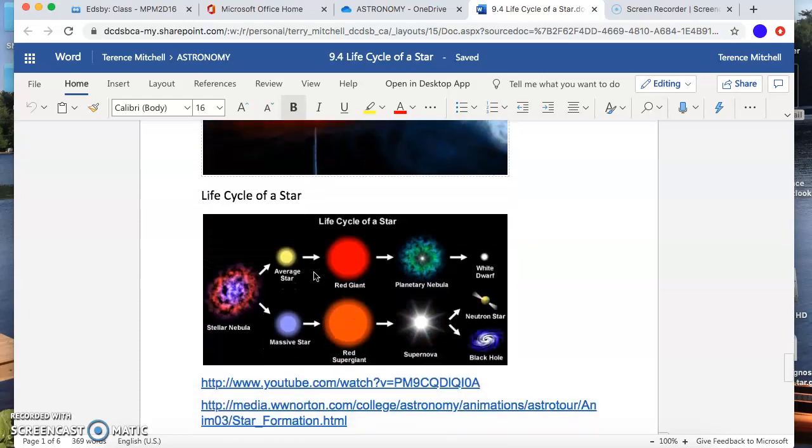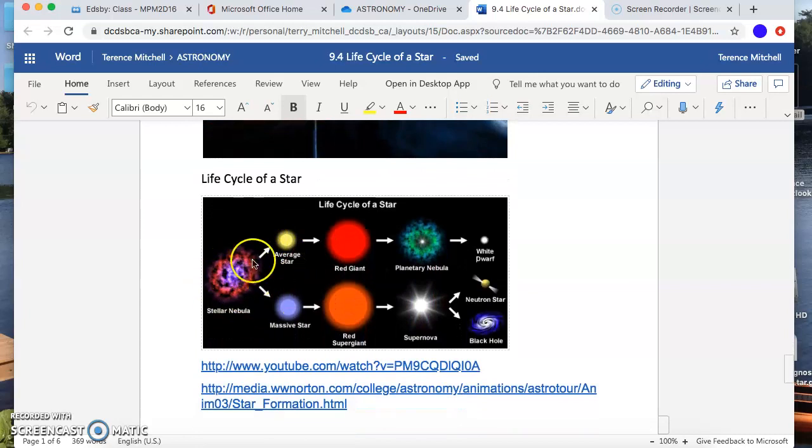So here's the life cycle of a star. It starts as a solar nebula, and it can take different paths. Our sun, the average star size, as nuclear fusion starts to stop, will turn into a red giant, and then into a planetary nebula, eventually ending up as a white dwarf.